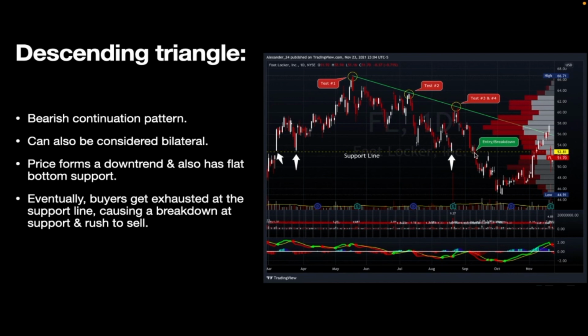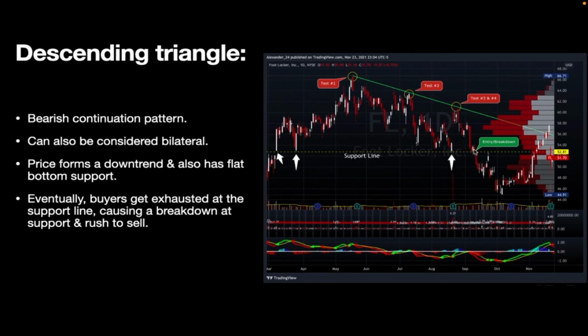And like I was saying earlier, because this pattern and all other triangles are bilateral, they can break in either direction. This is your bear biased descending triangle, even though it can break upside. Since you have your confirmed candle close under the support, you know that this is a bear bias trade. So you can honestly safely probably go short or buy puts.